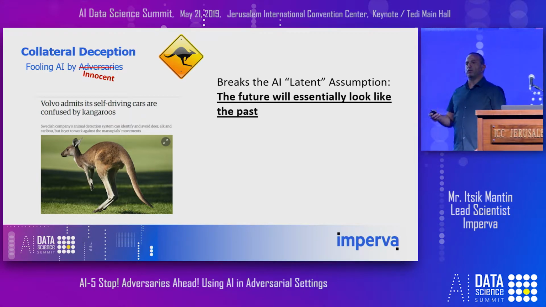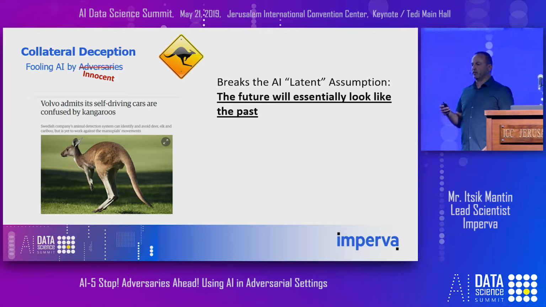This broke the latent assumption that AI models make, that the future will essentially look like the past, which means that the model is as good as the data that it gets. Since this car before that probably had hundreds of thousands of driving hours total in different countries, it probably had never been to Australia, and it never saw a kangaroo or other objects with such vertical motion, which means that this vertical motion presents some kind of an edge case for this AI.